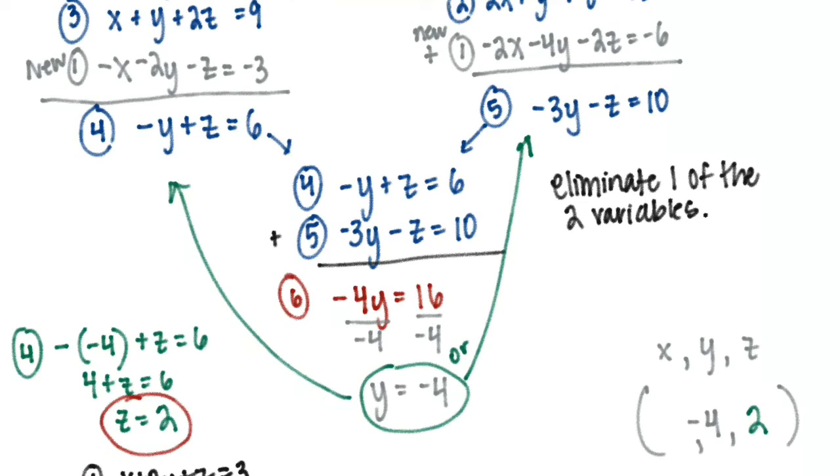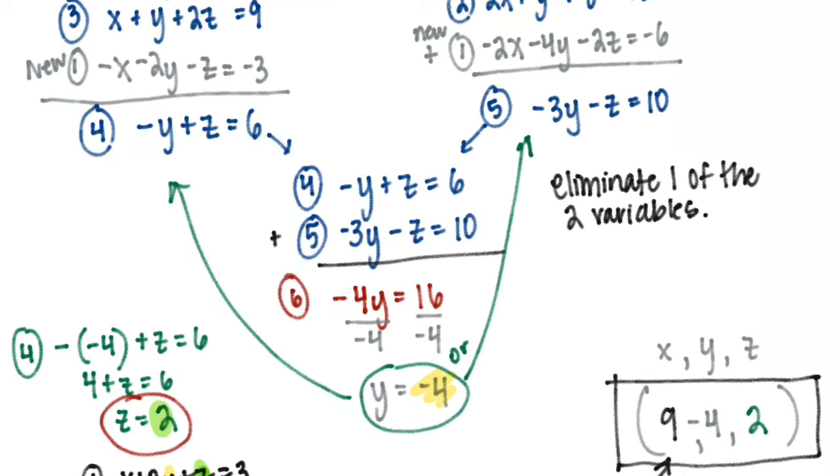We're going to put this value in for y, and this value in for z, and you'll see that we're going to be able to solve for x. x plus 2 times negative 4 plus 2 equals 3. x minus 8 plus 2 equals 3. x minus 6 equals 3. x equals 9.